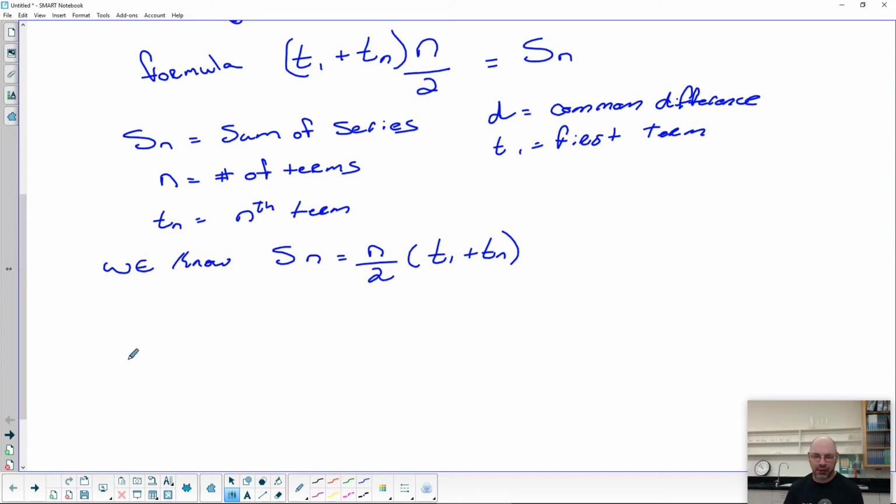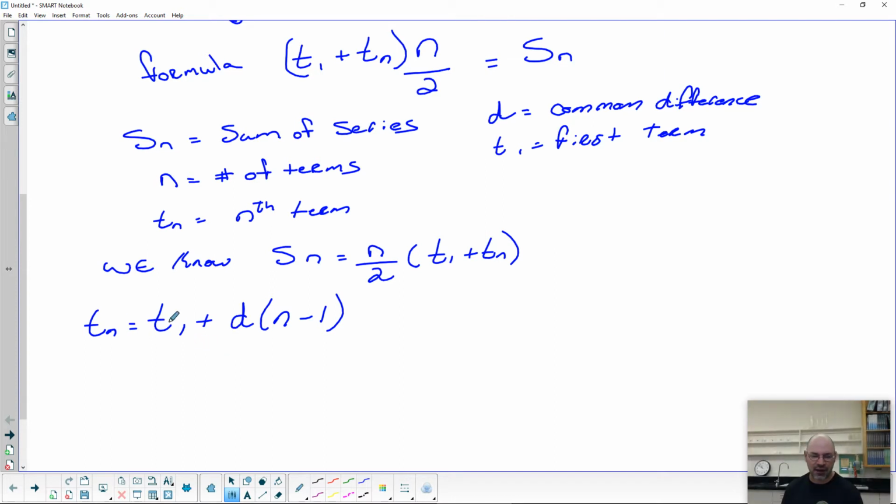For the sum of the series, it's equal to the number of terms divided by 2 times the first term plus the last term together. Now we know from last unit that Tn is equal to T1 plus d times (n minus 1). That's how you find the nth term.